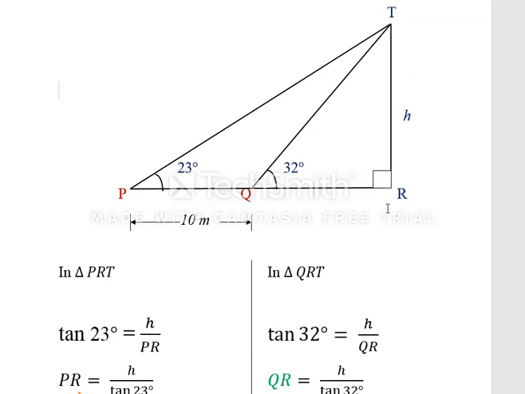This is perpendicular TR, which is h, divided by PR. So tangent 23 is h over PR. In the second right angle triangle, QRT, tangent 32 is perpendicular over base, which is h over QR.